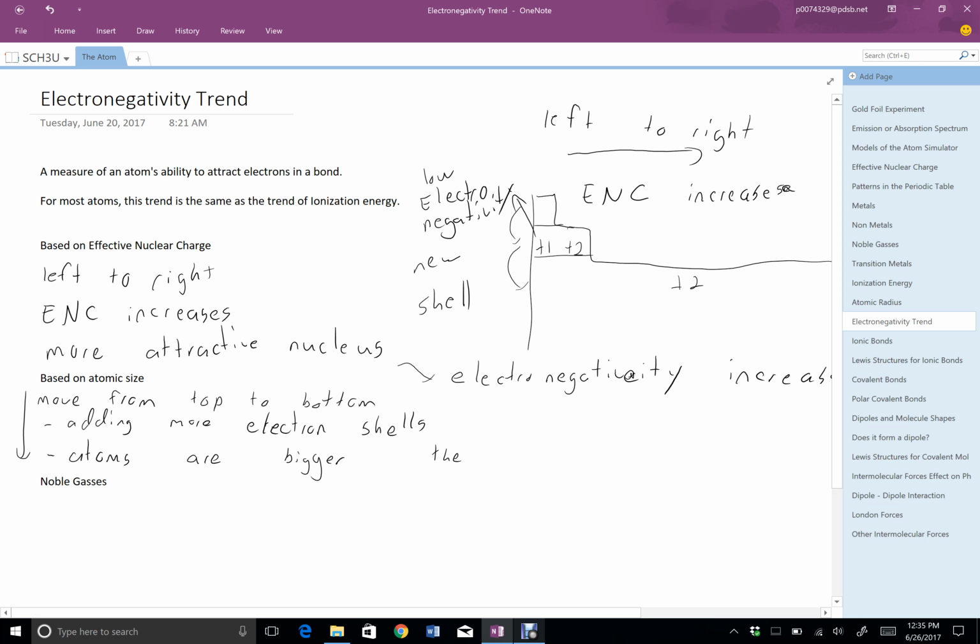The electrons are farther from the nucleus, and so they experience less attraction.